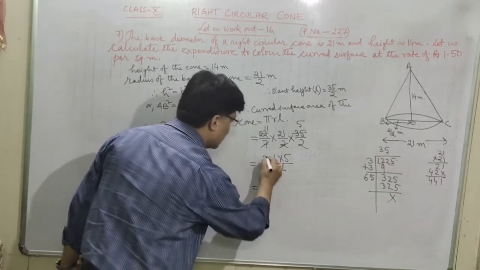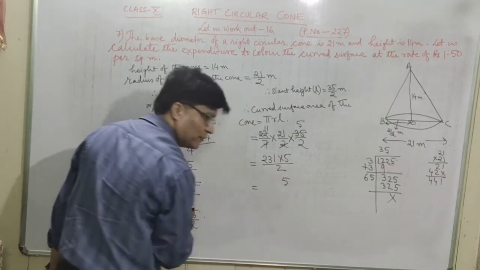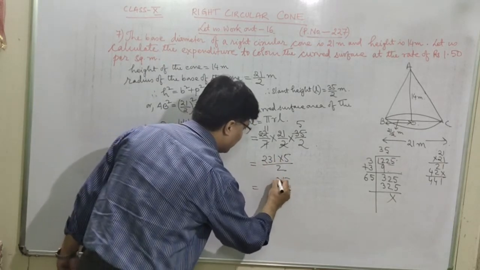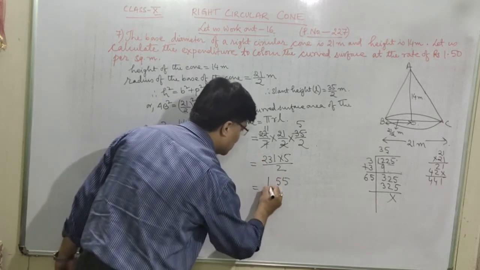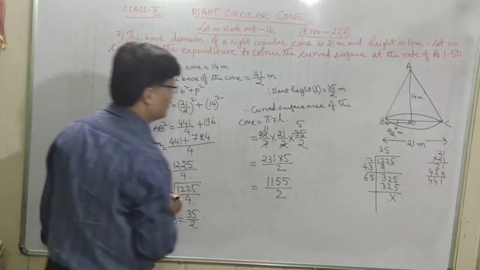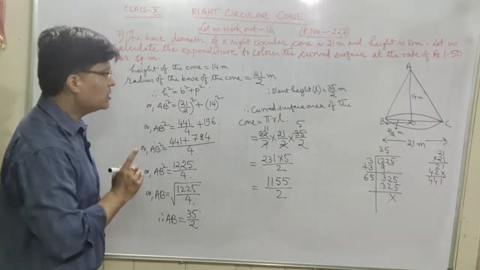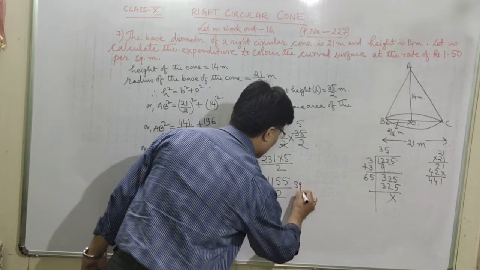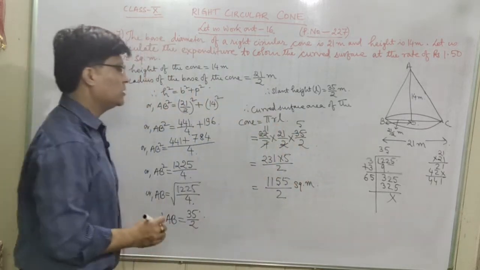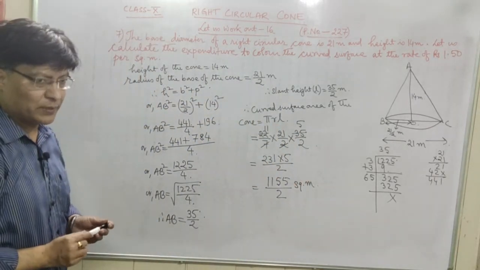Okay, so let us multiply here. 5 1s are 5, 5 3s are 15, 5 2s are 10 plus 1 is 11 divided by 2. So this is the curved surface area of the cone. So what is its unit? It is square meter.